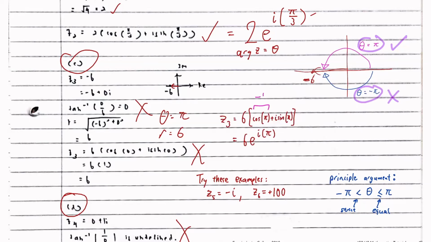Then how about sine of pi? It's just 0. So you get -1 plus i times 0, which is -6, because you have a 6 in front. Makes sense, right? 6 times -1 plus 0, which is still -6. So this definitely still works. Okay, trigo form.